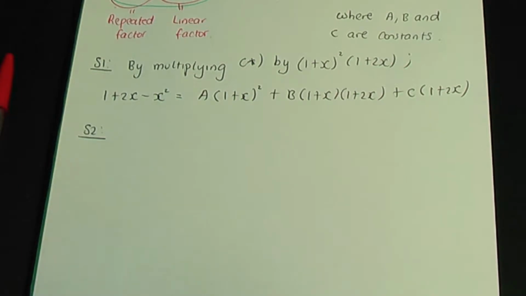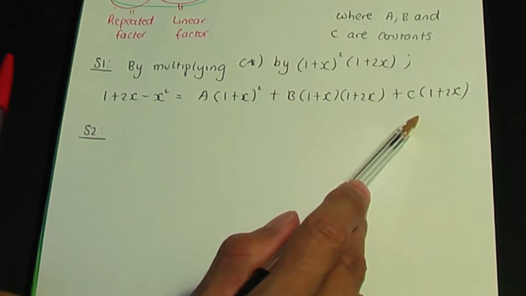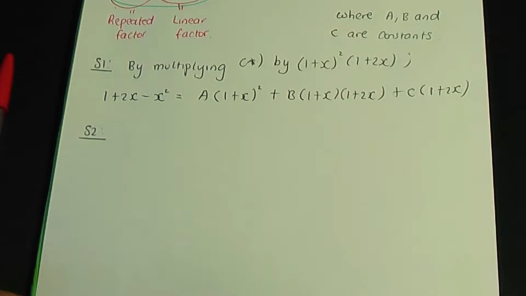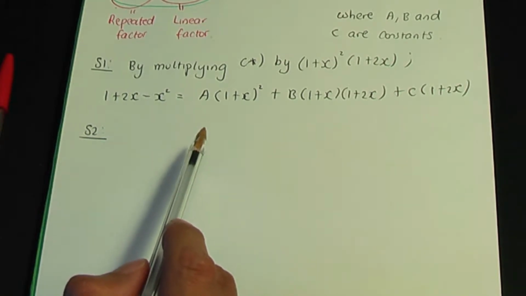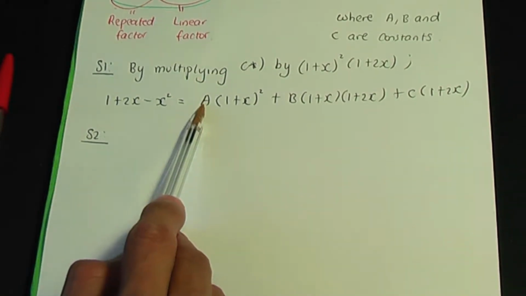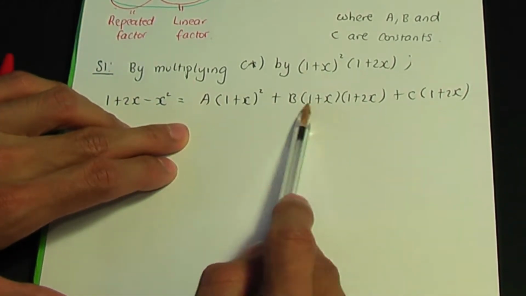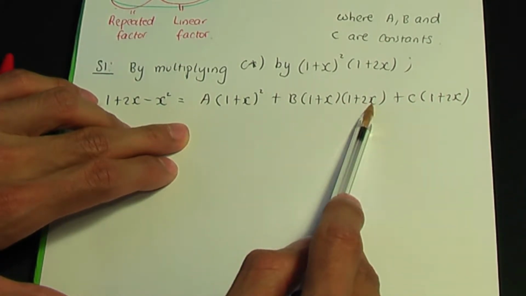In step number 2, we need to work out one of the constants. Remember the idea as I explained in the previous videos. We need to choose a value of x to get rid of two constants to work out the constant that you want to calculate. In this case, if I want to work out a, looking at my a term, I have a 1 plus x here, and I also have a 1 plus x in my b term, but for my b term I've got a 1 plus 2x.